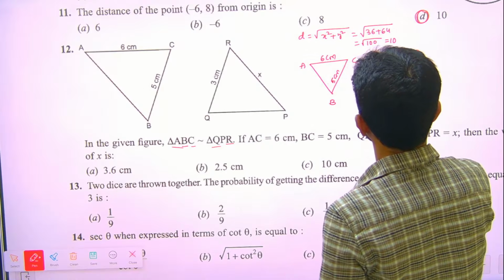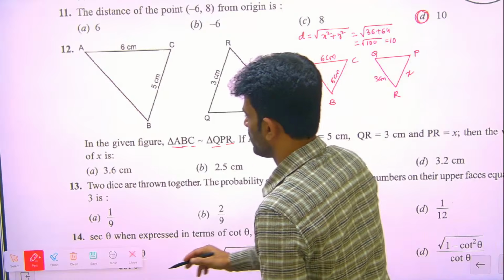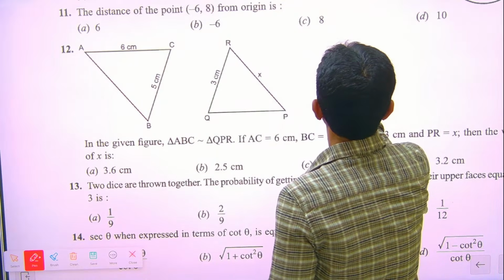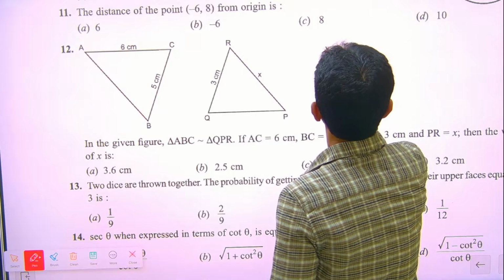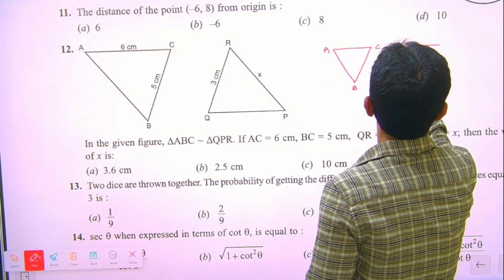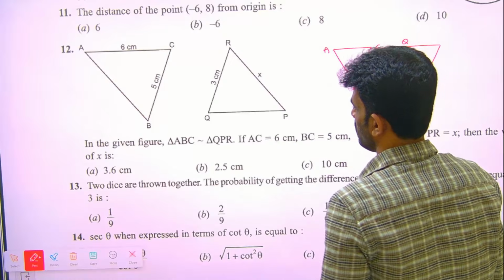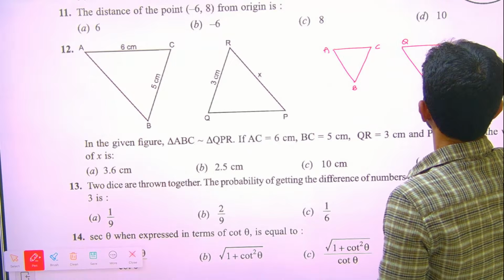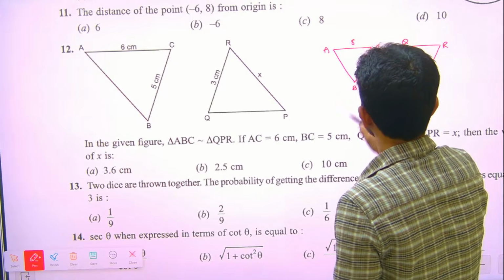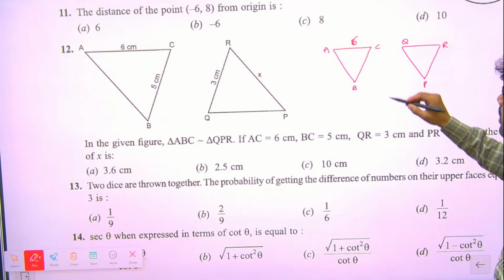Oh, I drew it wrong. The triangle should be taken like this. This is ABC, and one more triangle: here Q, here P, here R. Now AC is 6 and this is 5.